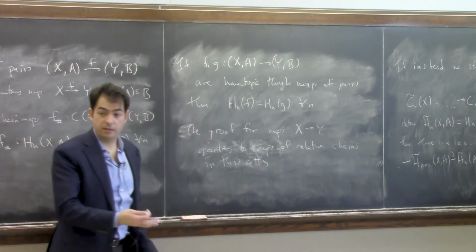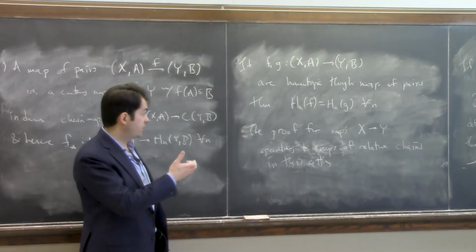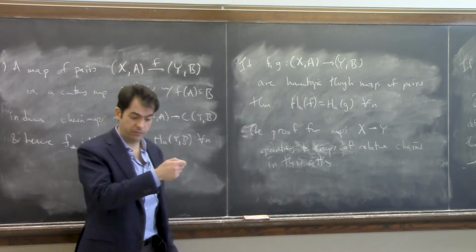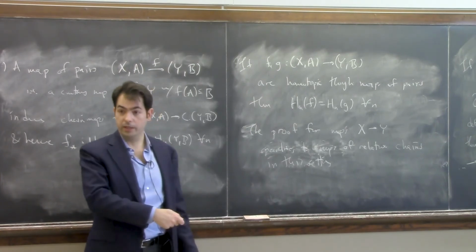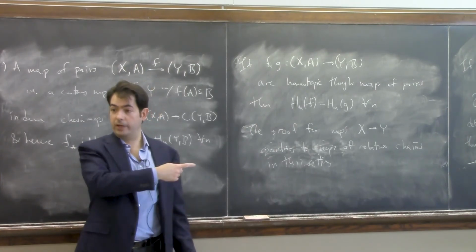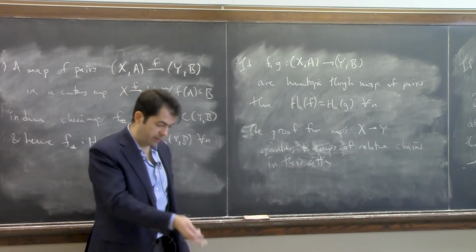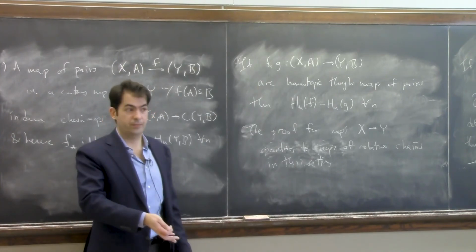So you don't have to do anything different. You just look at the prism operators that we defined last time that go from chains of X to chains of Y. So chains of order n in X to chains of order n plus 1 in Y. And you just check that if you started out with maps of pairs, then it gives you a map between relative chains XA to relative chains YB.